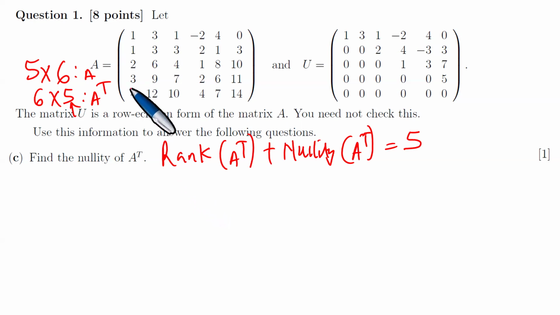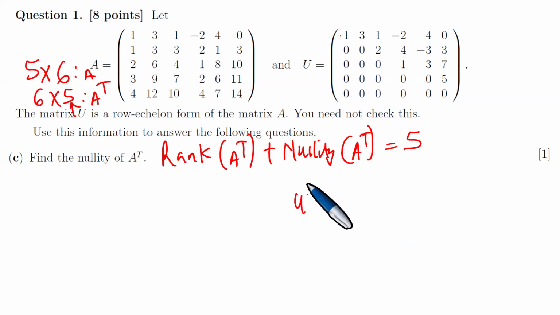The rank of A transpose can be seen as the rank of U transpose. If you look at U transpose, how many non-zero rows will it have?